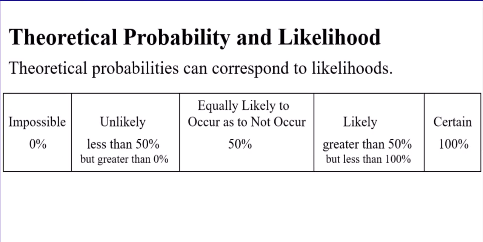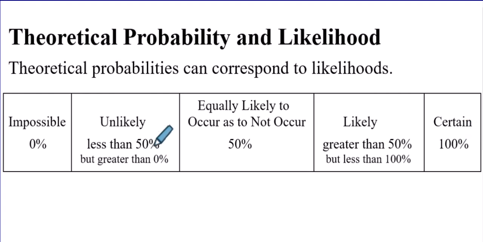Okay. Let's talk at the bottom of the page about theoretical probability and likelihood. Theoretical probabilities can correspond to the likelihoods that we talked about on the very first page of guided notes in this unit. We talked about impossible, unlikely, equally likely, likely, and certain. And I probably already told you back then that impossible was pretty much 0% chance, and certain was when there was a 100% chance.